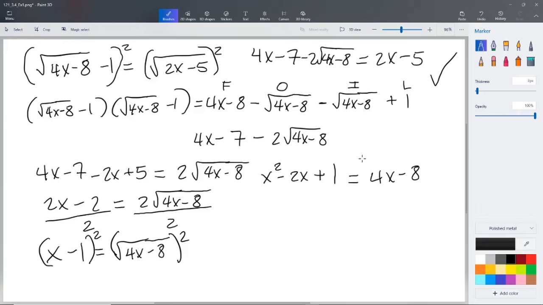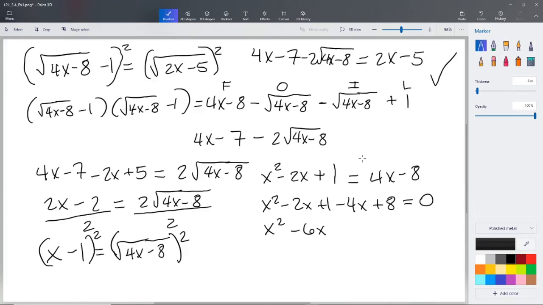Now we need to set this equal to 0 to solve it, because once again we do have a quadratic involved here. So we're going to have our x squared minus 2x plus 1. We're going to bring over the 4, so minus 4x, and bring over the 8, plus 8. It's going to equal 0. X squared is x squared still, but negative 2 and negative 4 makes minus 6x.